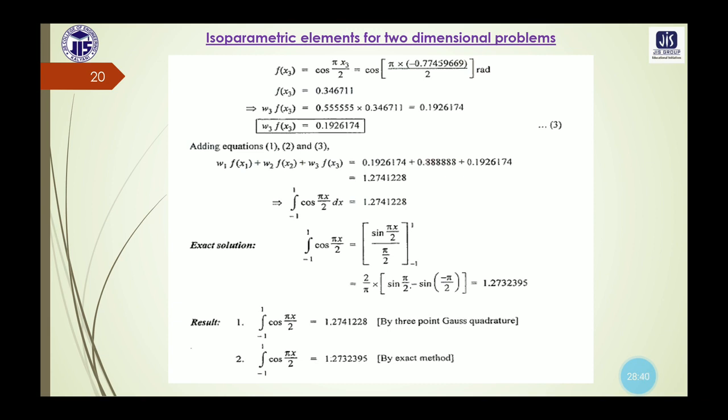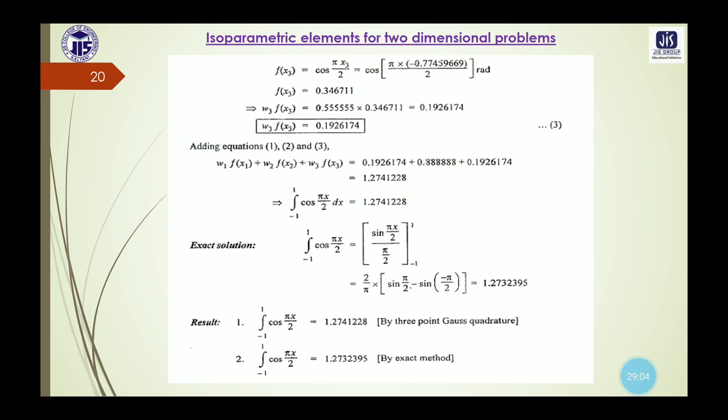Now if we add these three different equations, that means w1 fx1 plus w2 fx2 plus w3 fx3, then finally we are getting the value of this integral as 1.2741. That means minus 1 to 1 cos pi x by 2 dx is coming as 1.2741.